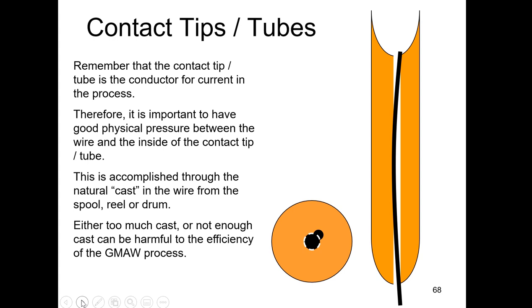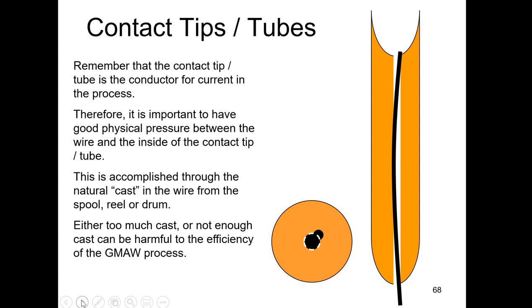It could become a problem if you straighten it out. Remember, we need to rub on the inside of the contact tip, on the inside of that orifice, to make sure we've got good connection. If that wire is straight, it could bounce around inside there, and you're going to get bad electrical contact and bigger issues as a result. So take caution with wire straighteners, I guess is the point here.